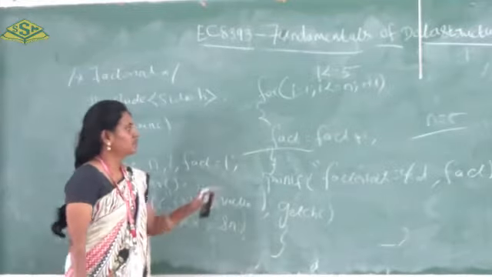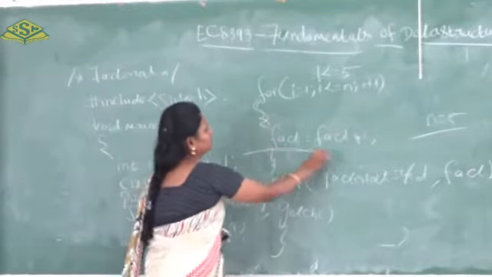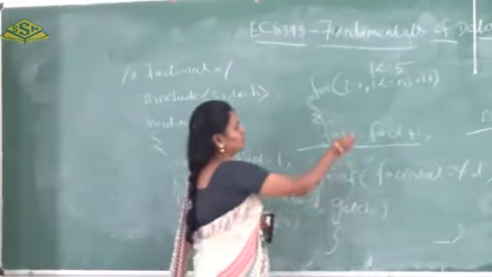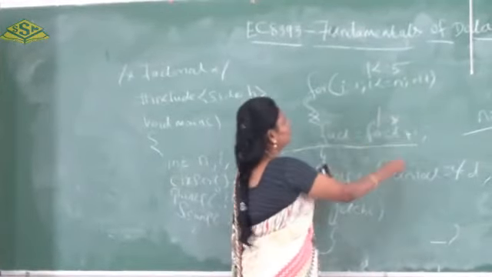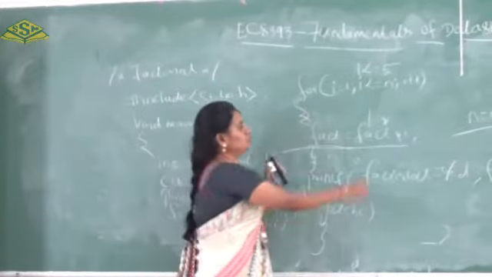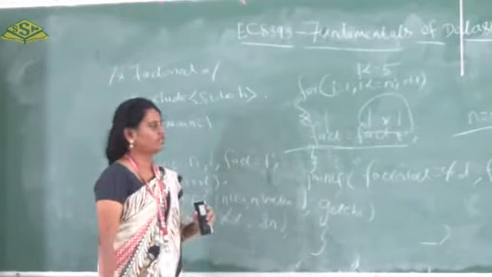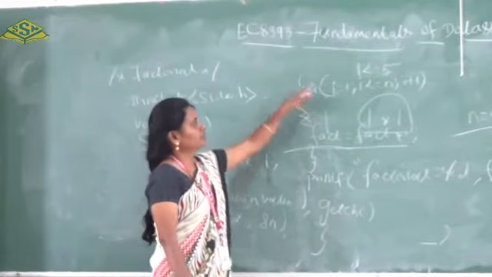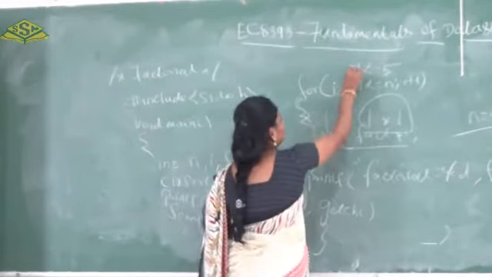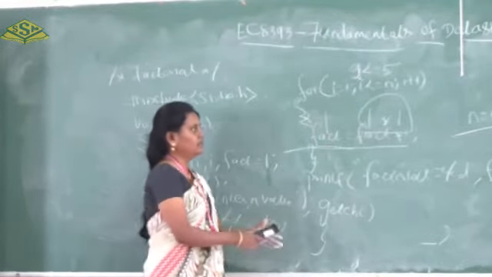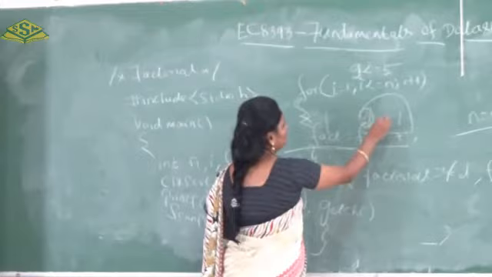Condition satisfied, so it comes into this statement. Already I have given fact is equal to 1. So fact is 1, and the value of i is 1. So 1 into 1 is 1. This value will be stored in fact. Then i is incremented to 2. So 2 is less than or equal to 5. Condition is satisfied.